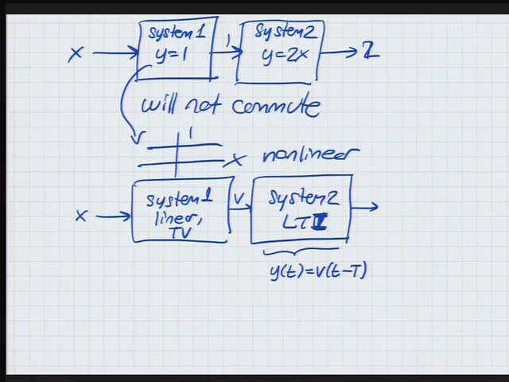Right? So why is this a linear system? Well, you're getting the same output, only shifted in time, so linearity is definitely there. It's time invariant because I'm shifting by the same amount no matter when you give the signal to me. The rule that I apply is the same. You give me something, I delay it, give it back to you, right? So I don't change my rule over time, right? So this is an LTI system, just delay.